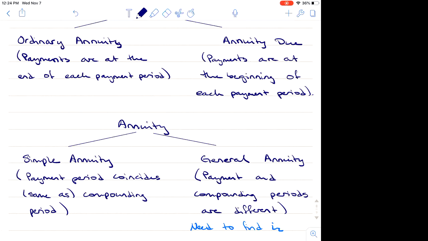So we'll just start working our way through all of these. We'll start with the most basic, where we talk about a simple annuity, simple ordinary annuities, or ordinary simple annuities. I don't think it matters how we say it, as long as we say all of it.